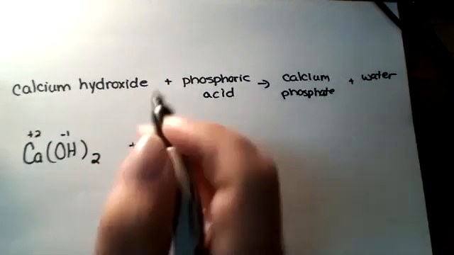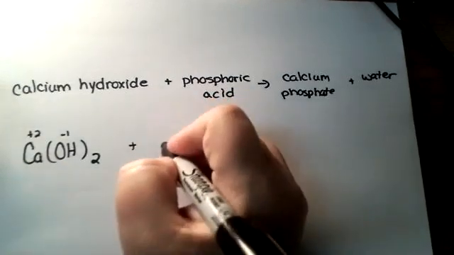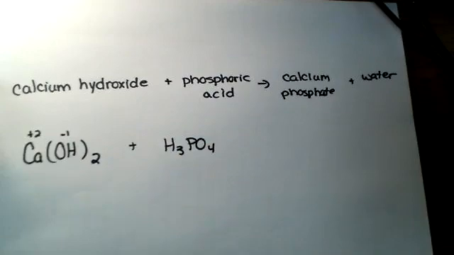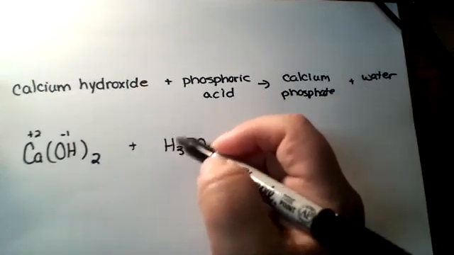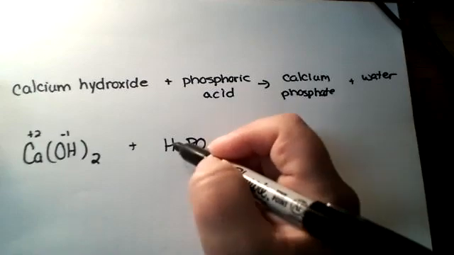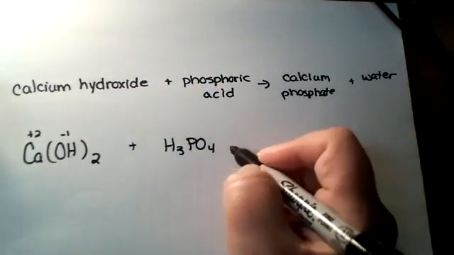Then phosphoric acid, I would Google it, or I would just know that that is H3PO4. One way you can get an idea: acids always start with hydrogen. And this is a phosphate, which is a -3, and that's a +1. So it balances out, H3PO4.